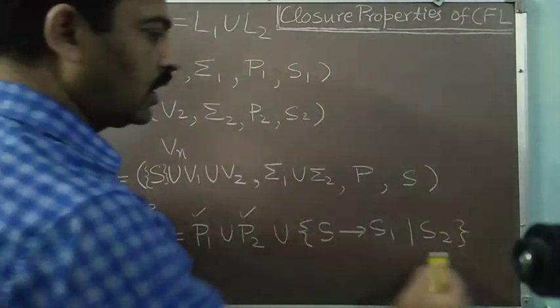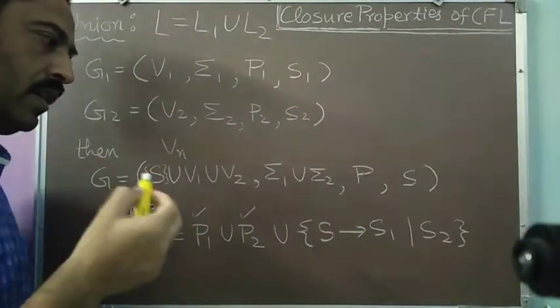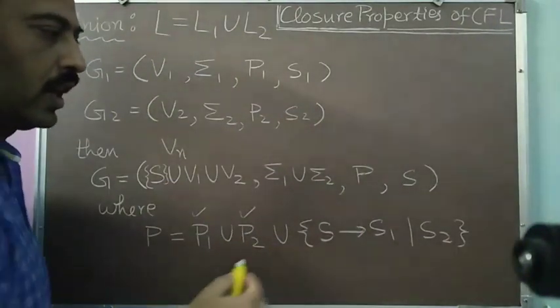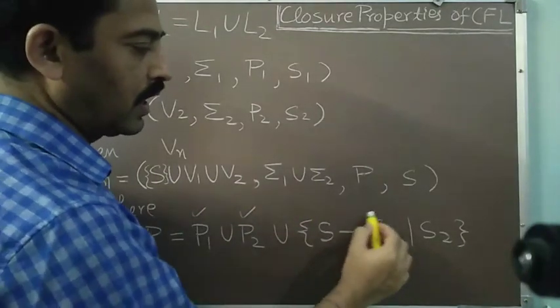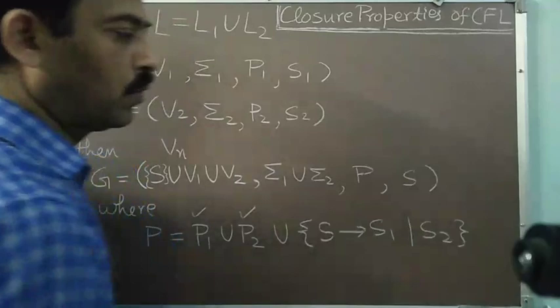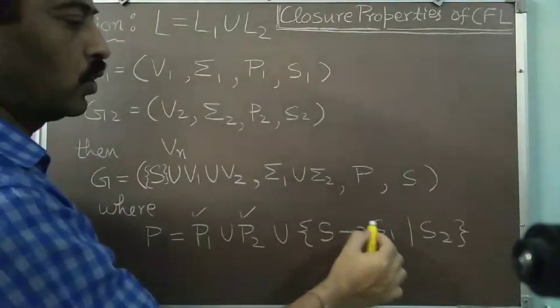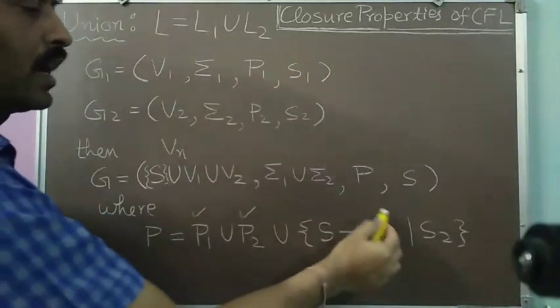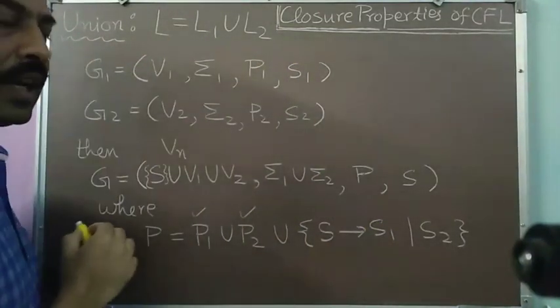This is a well-known technique which we have already discussed when we discussed the design of context-free grammars. Because S is the start symbol, from S we can either move to S1 or move to S2. S1 is the start symbol for grammar 1, so starting from S1 we can derive any word which is in the language represented by the grammar G1.